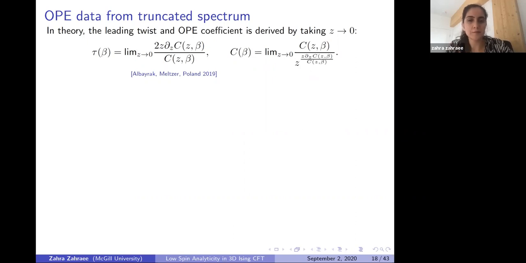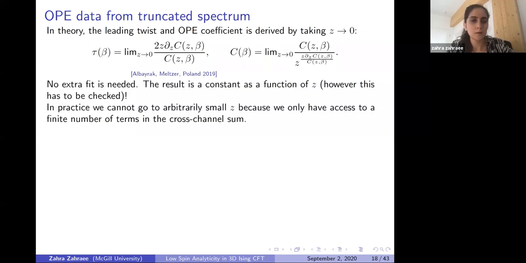This has been previously used in the 2019 paper by Poland et al. The benefit of this is that no extra fit is needed. You don't have any Z dependent function anymore. However, you have to check that the result you get is a constant as a function of Z in order to be able to trust the result you get.